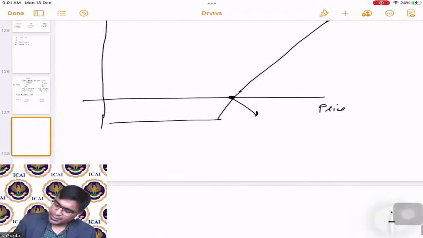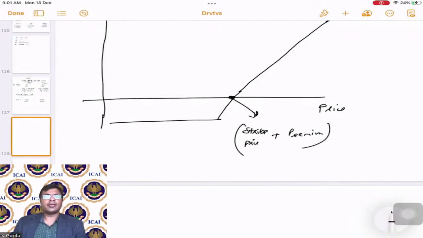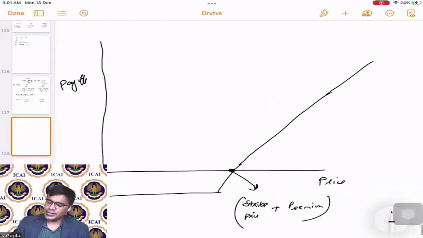Yeah, so this will be the price which is equal to the strike price plus premium, correct? This is the price here. For call option buyer, we studied this net payoff diagram. Now, students, from this only we can see how the payoffs are changing.